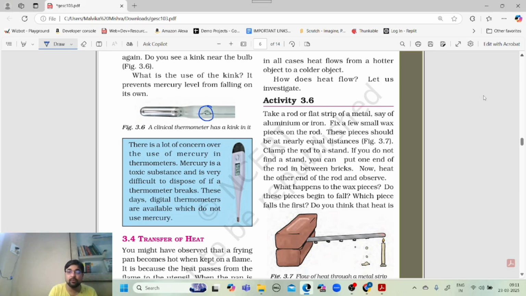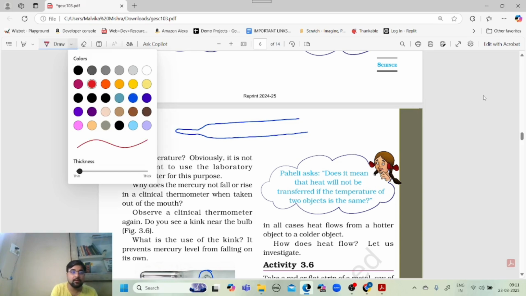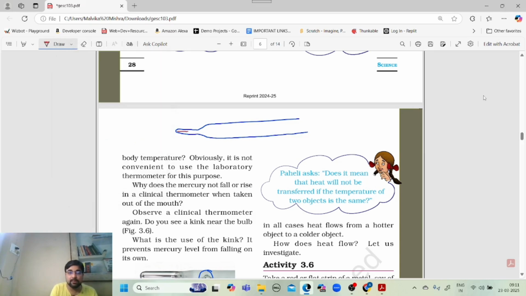You might have noticed that initially when I made a thermometer in the above page, I had shown you a capillary like this. This is not from the red color, I am making the capillary.